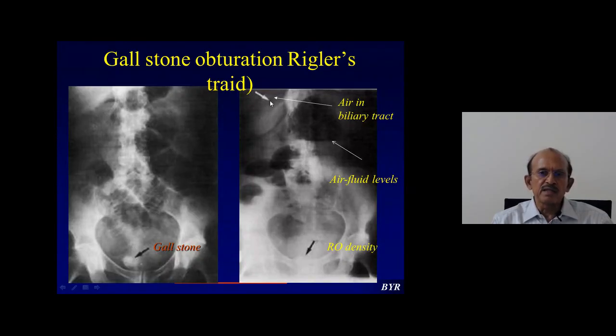Why is the biliary tract having air? Normally, if you take a normal person's x-ray, you don't find any air in the biliary tract. If air is present in the biliary tract, it means there is some communication with the gut. Normally, the papilla of Vater and the sphincter of Oddi are contracted. That's why air cannot pass from the duodenum into the biliary duct.